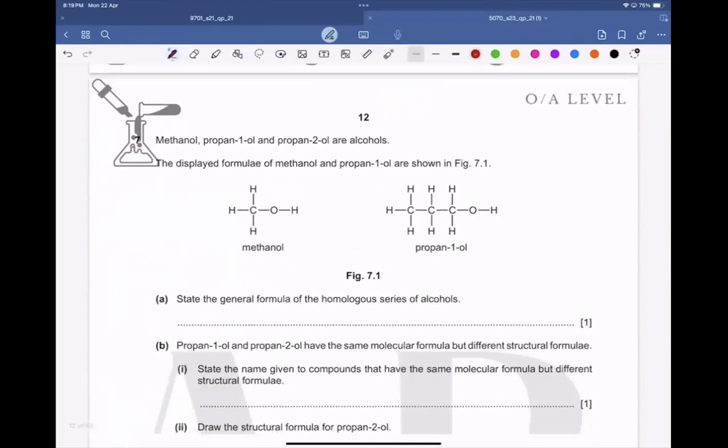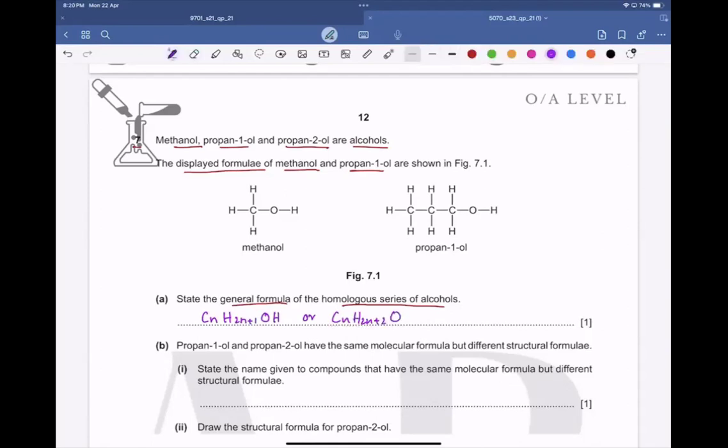Question number 7. Methanol, propan-1-ol, and propan-2-ol are alcohols. The displayed formulae of methanol and propan-1-ol are shown. State the general formula of the homologous series of alcohols. If you recall, the general formula is CnH2n+1OH or CnH2n+2O.